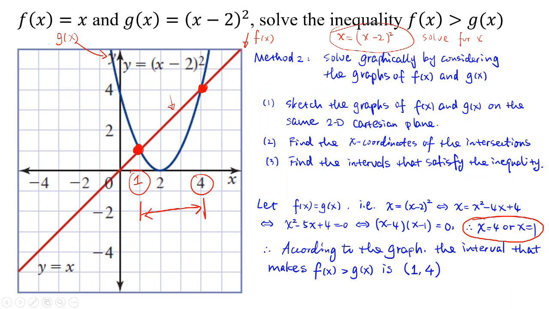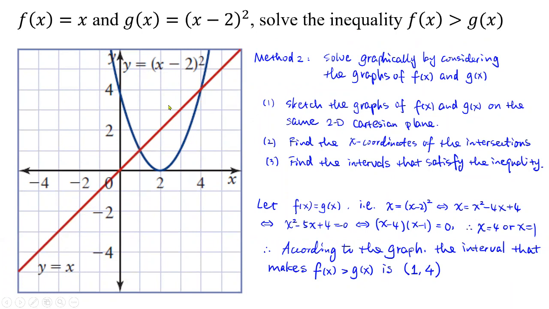Understand? Okay, you can check the solution here on this lecture slides, and let me know if you have any questions, okay? So in summary, you can either solve this question algebraically or graphically. You can choose either method you like, okay?